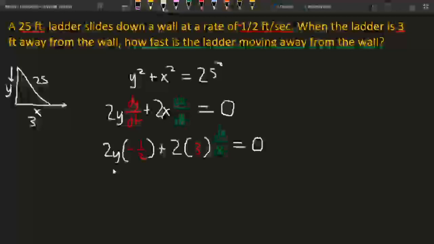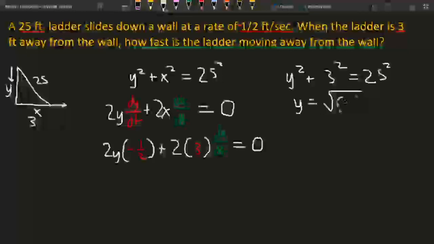But we can figure out what y is because of the Pythagorean theorem. So in order to figure out what y is, we have to plug the values into the Pythagorean theorem. So this would be y squared plus 3 squared equals 25 squared. I'm just going to skip to the answer because you guys should know how to use the Pythagorean theorem. But it is y equals root 616.